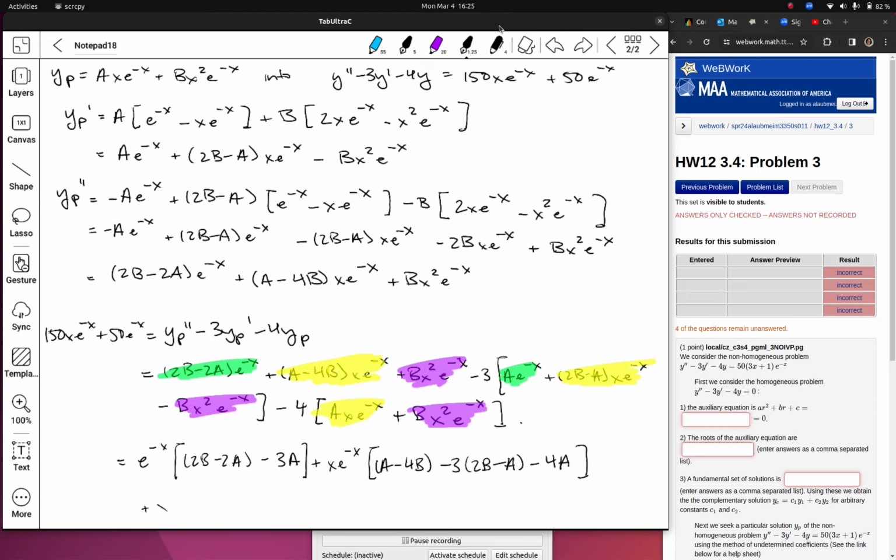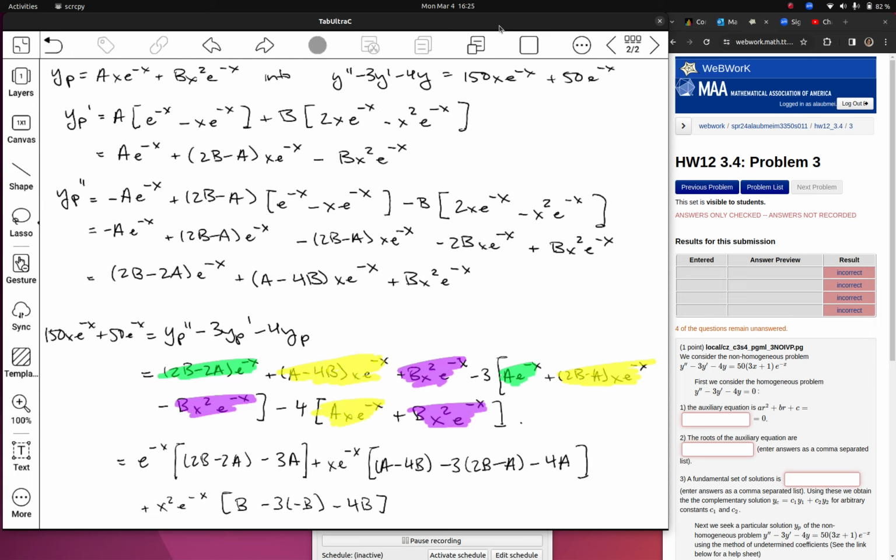And then my x squared e to minus x, those pink terms, are going to be just b from the very first, minus 3 times minus b from the middle, and minus 4b from the last.